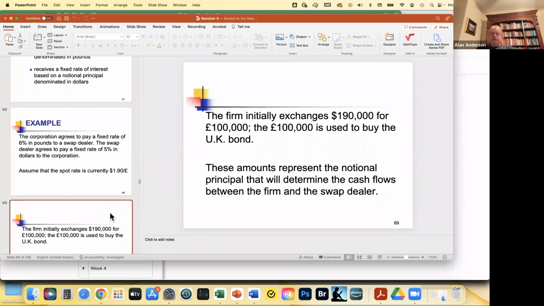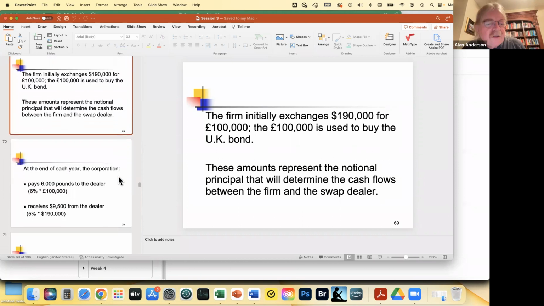We're going to trade $190,000 to the dealer. They will then give us 100,000 pounds. These are used to buy the bond. At the end, we'll reverse this amount. In other words, we will give them back 100,000 pounds, and they will give us back our original $190,000.